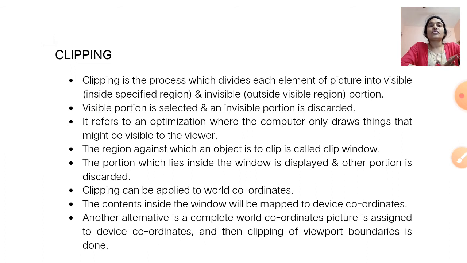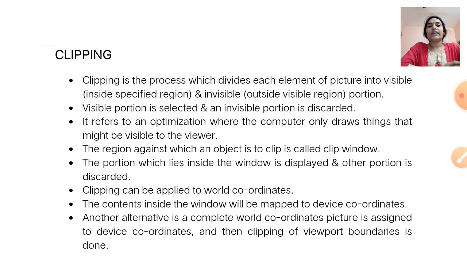The visible portion is selected and the invisible portion is discarded. It refers to an optimization where the computer only draws things that might be visible to the viewer.